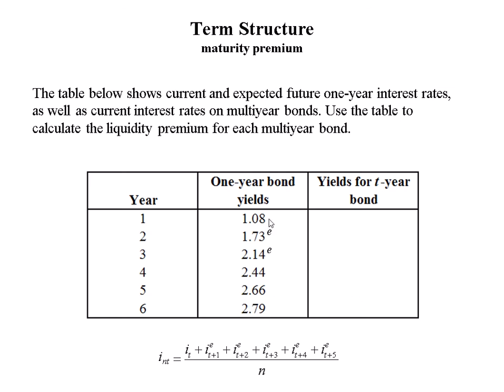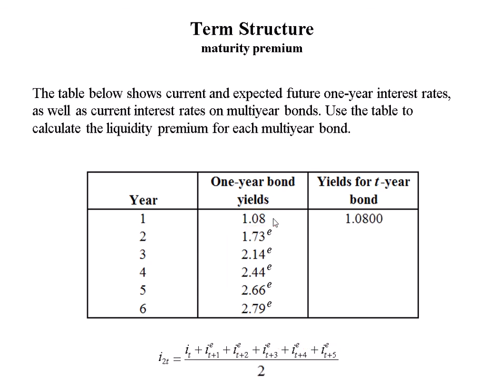The only one that is not an expectation is what it is right now. So these are all expected yields from, say, a futures market. So the way that this works is, the yield for a 1-year bond is the 1-year bond rate, right? So it's just the average of itself.